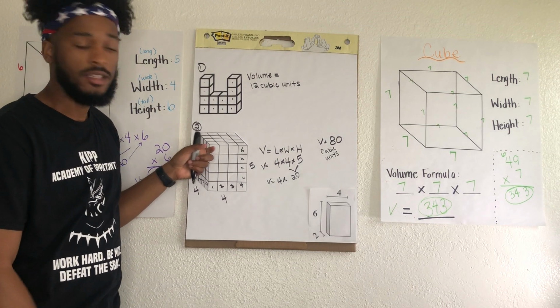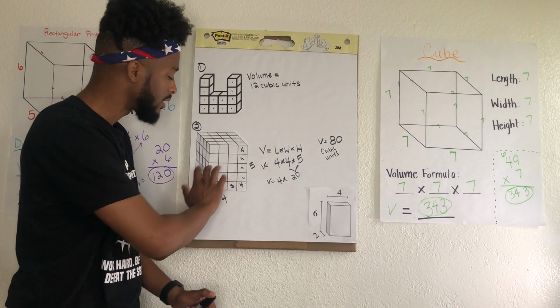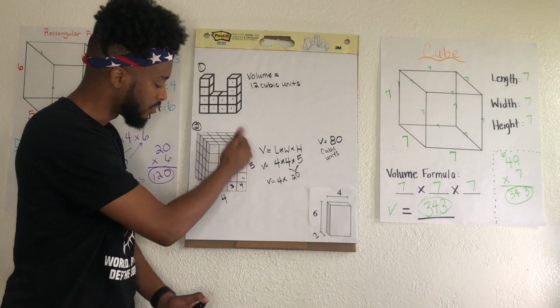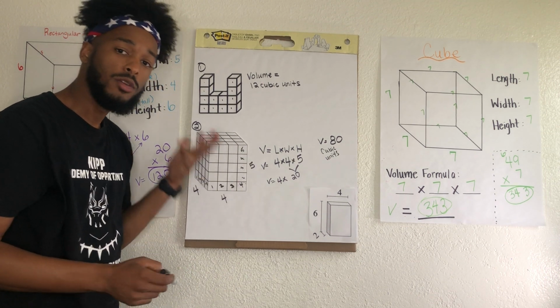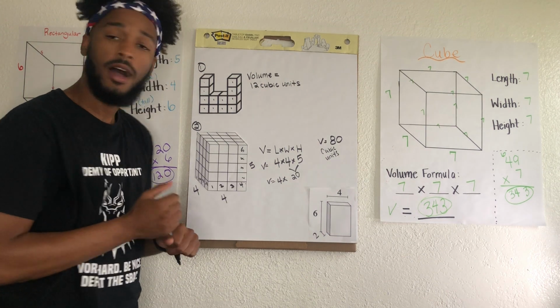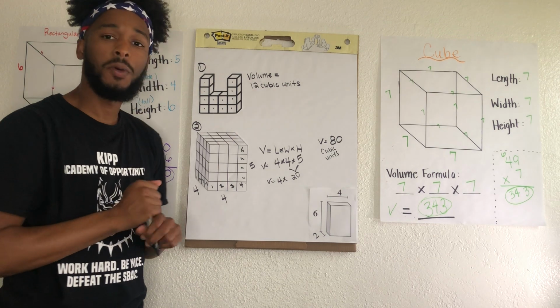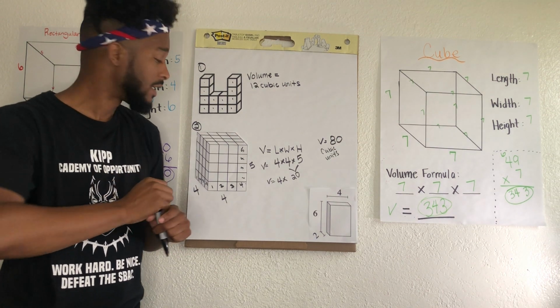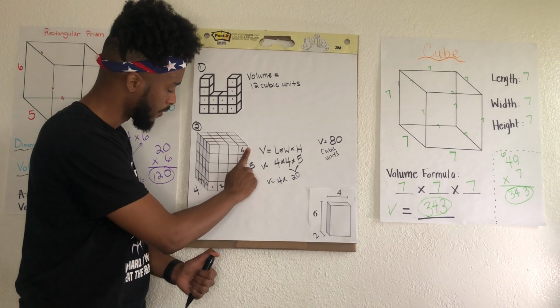Here we have 80. 80 would have been a little bit more difficult to try to count individually. So that way we can use multiplication, or the volume formula, to find the volume of that figure. Another way that we could have used was addition. And what I mean by addition is if we find the volume of one layer, right?